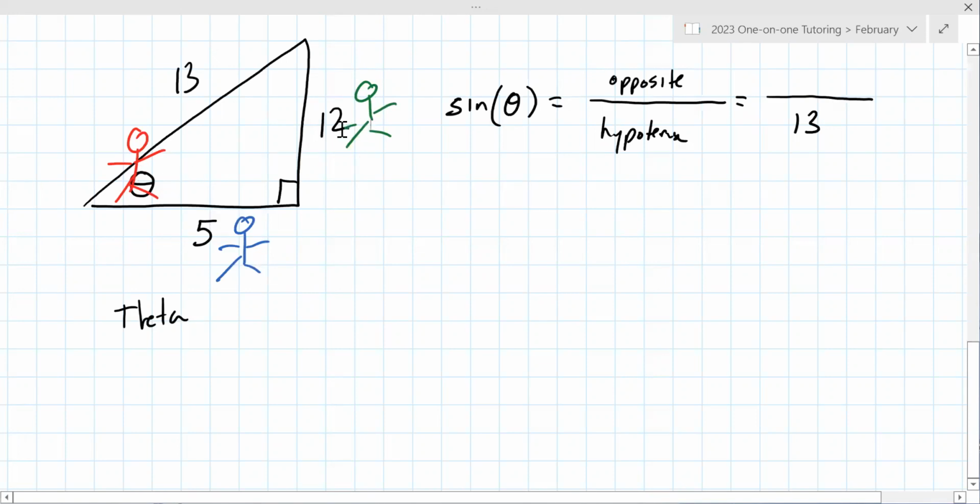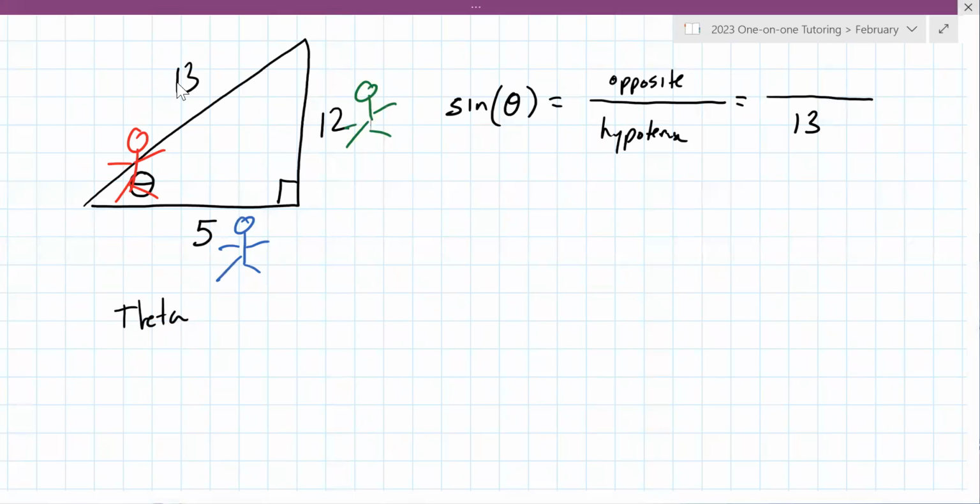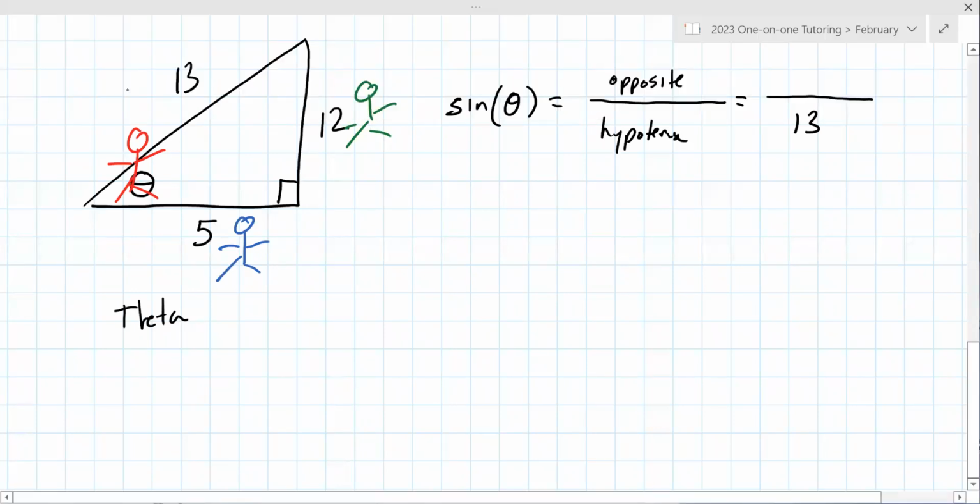Blue is adjacent, the green is opposite. The one who's further away is the opposite. So what is the value of opposite in this problem? The value of opposite is 12. Very good.